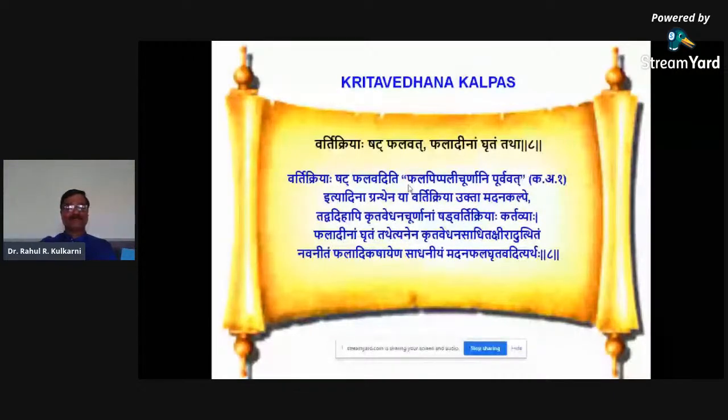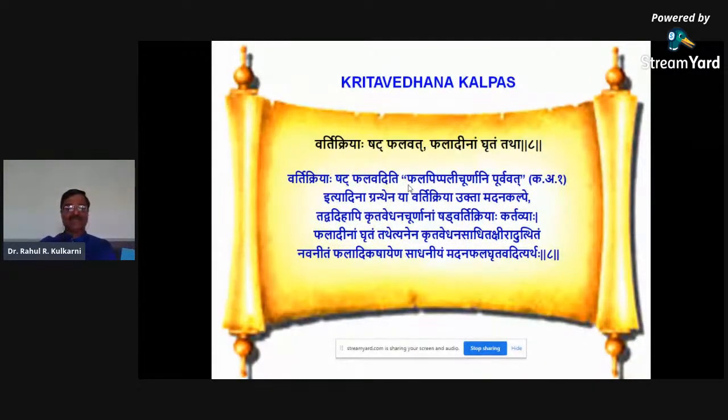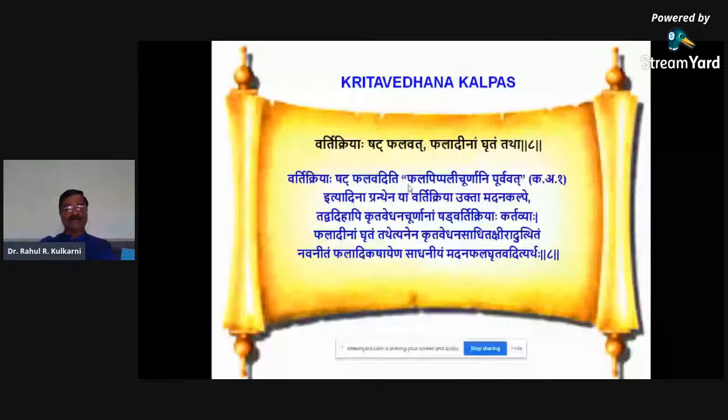Here, instead of madana phala pippali, the kruta vedana kalka has to be taken, 1 part with 4 parts of sneha and 16 parts of jala. When no other dravya has been mentioned, jala is taken. But here it is better if Kruta Vedana Kashaya itself is used, as it will enhance the potency of the Ghruta used for Vamana purpose.